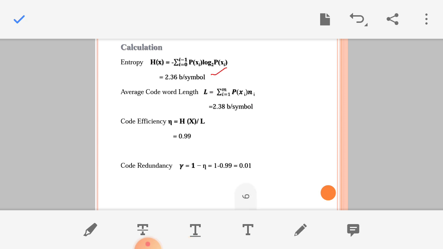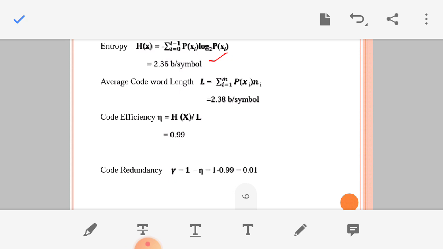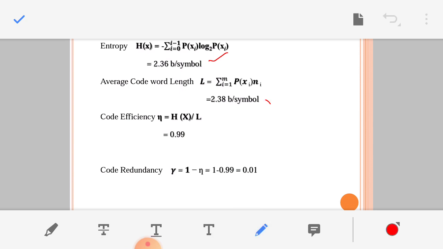Then we calculate the average code word length L equal to summation of i equal to 1 to m of p(xi) times ni. We substitute the values here. Finally, we get 2.38 bits per symbol.